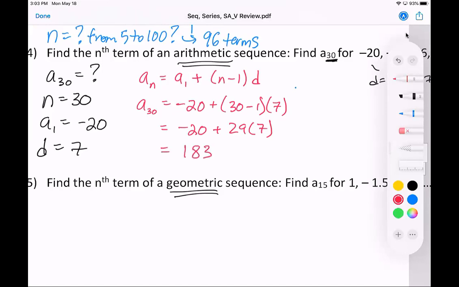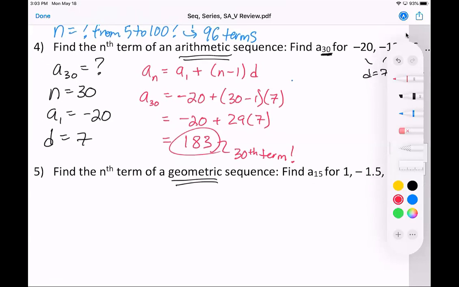So the 30th term is 183. You could always check your answer. You could plug in your calculator and start just adding 7 every time and see if you get to 183 eventually.